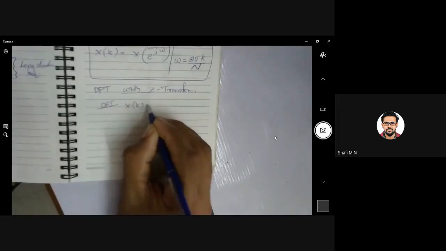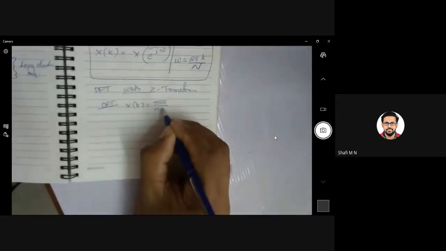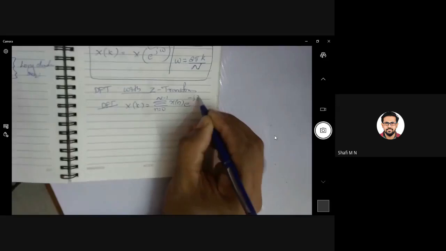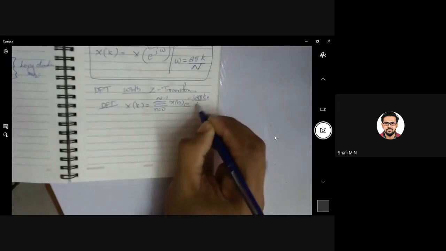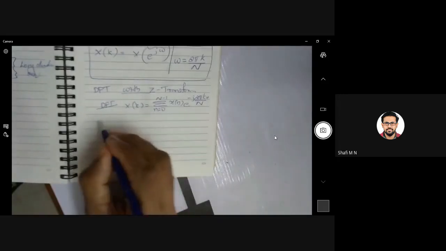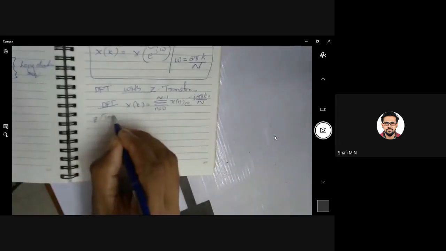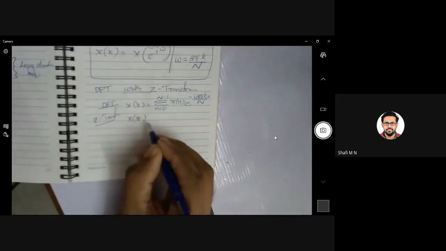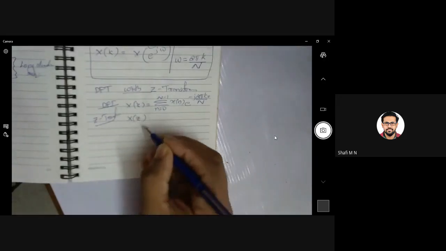X of k equal to sigma n equal to 0 to N minus 1 x of n e raised to minus j 2 pi kn by capital N. Now let's see the equation for the Z transform, which is denoted as X of z. What was the equation for X of z?